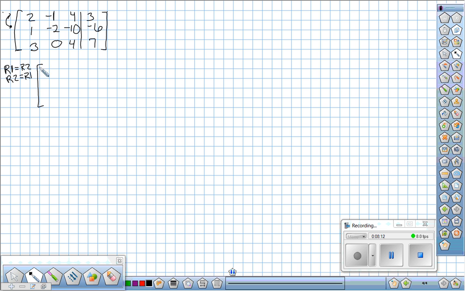So my first row is now going to be 1, -2, -10, -6. My new second row is 2, -1, 4, 3. I didn't do anything to my third row at all. So you could write R3 equals R3, you don't need to.